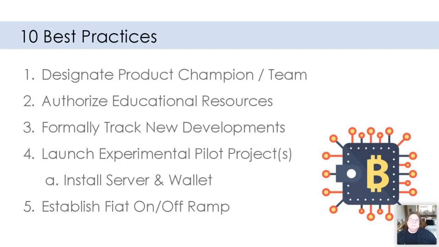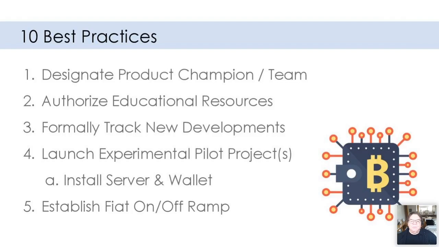So, best practices. The first thing you need to do is designate a product champion within your organization, and then, going back to the Flashline levels of technology adoption, start your educational process by having your organization authorize educational resources so developers and managers can start to learn more, attend seminars or get some classes or go to conferences, if we ever get them back, to learn more about Bitcoin and blockchain.